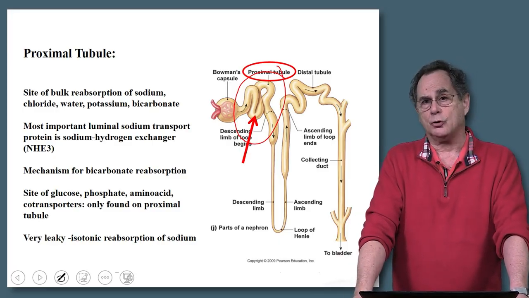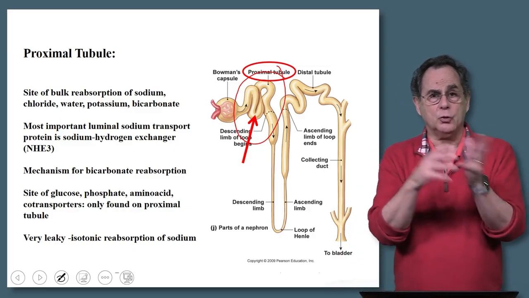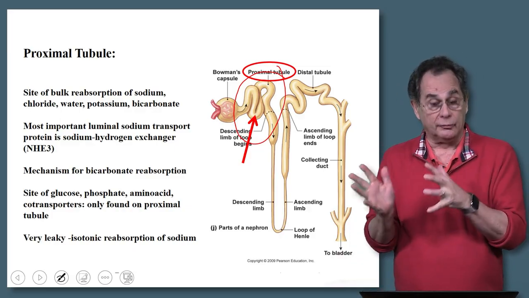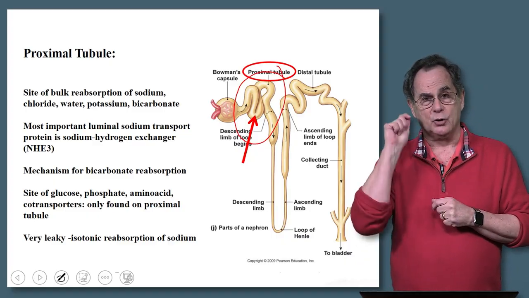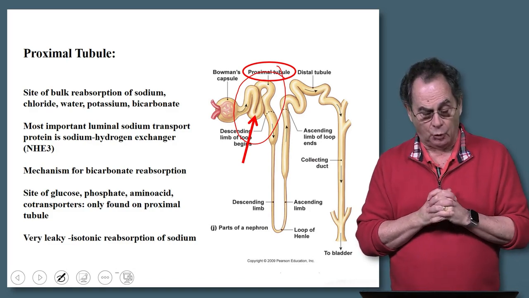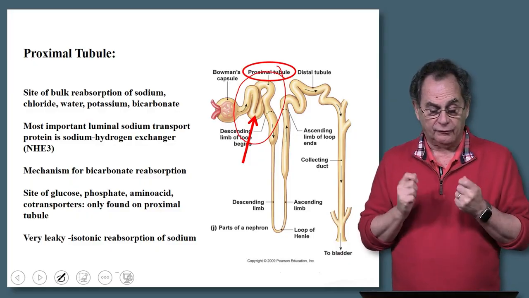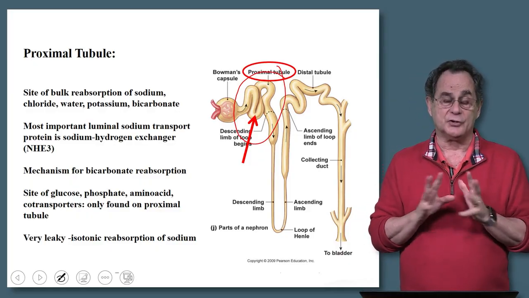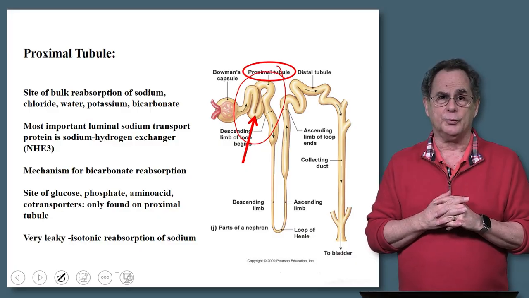Critically sitting in the luminal membrane, it takes advantage of the low intracellular sodium concentration so that sodium moves down the concentration gradient, and water follows. It's important for bicarbonate reabsorption, and we're going to spend a good chunk of the lecture down the way talking about how important that is. But critically, it's the site of glucose, phosphate, and amino acid transporters that are only found in the proximal tubule.